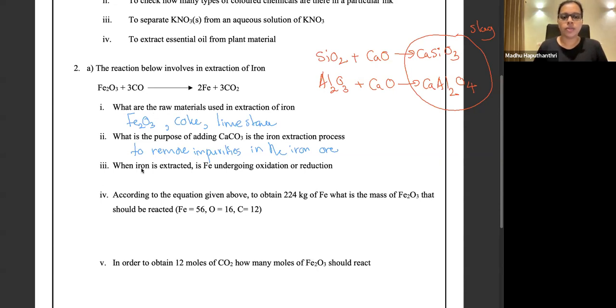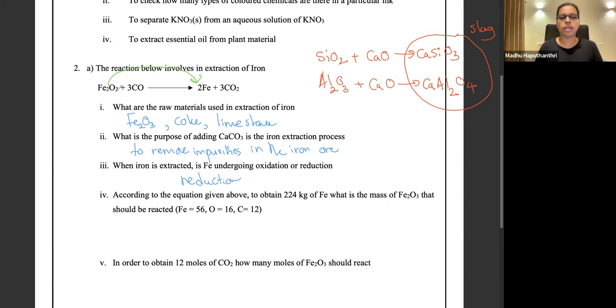Right. Then when iron is extracted, is Fe undergoing oxidation or reduction? What do you think? What is happening to this Fe when it is going from here to here? Is it subjected to an oxidation or a reduction? Yes, it's a reduction. Right? It's undergoing a reduction. How do we understand that? Now there are several ways of interpreting oxidation and reduction reactions.